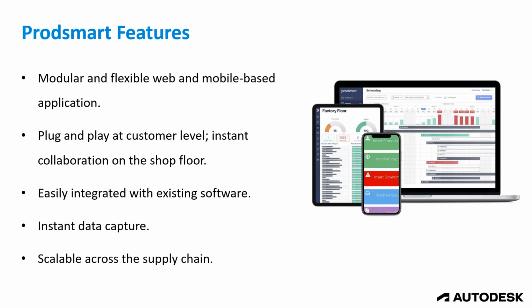So minimal configuration and you can be up and running. Integration into other software, okay? That's one of the things at IMAGINiT we can assist with. It does have an API, a documented REST API that allows us to connect Prodsmart to other applications, whether that be ERP, or a PLM tool or PDM tool. If you want to bring your products in from another source, there are some built-in integrations. I'll talk about that when we get into the demonstration.